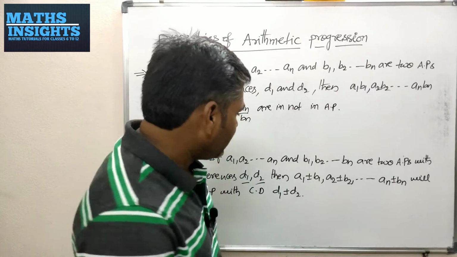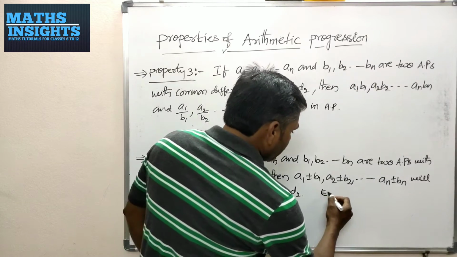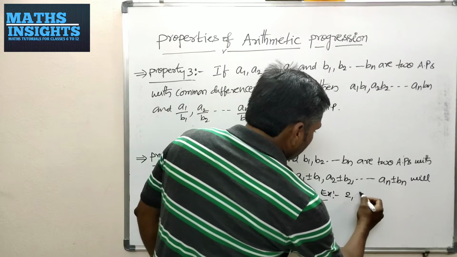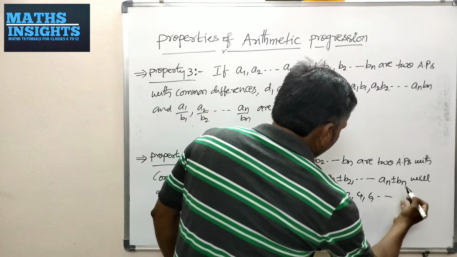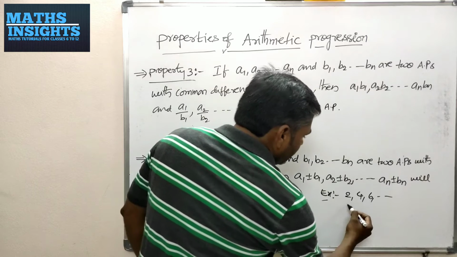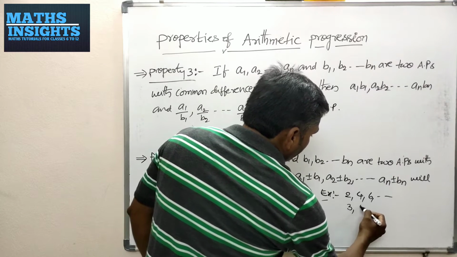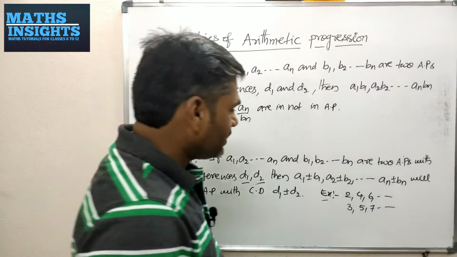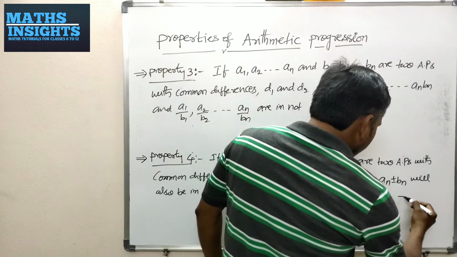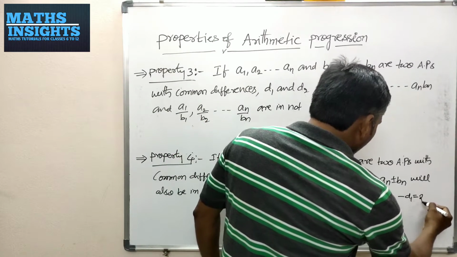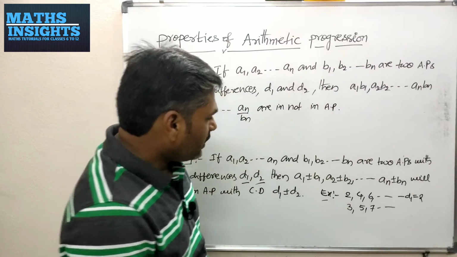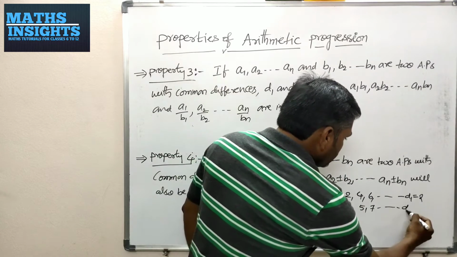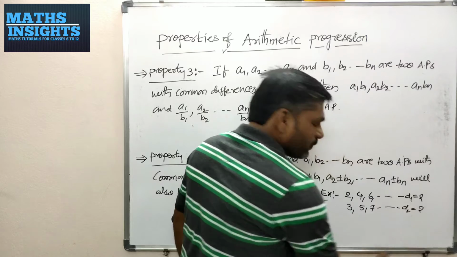to get the common difference of the result. See, for example, if I take 1, 2, 4, 6 and so on. I am taking another one, 3, 5, 7 and so on. These are two APs, and you know that the common difference D1 is 2, and this common difference D2 is also 2.